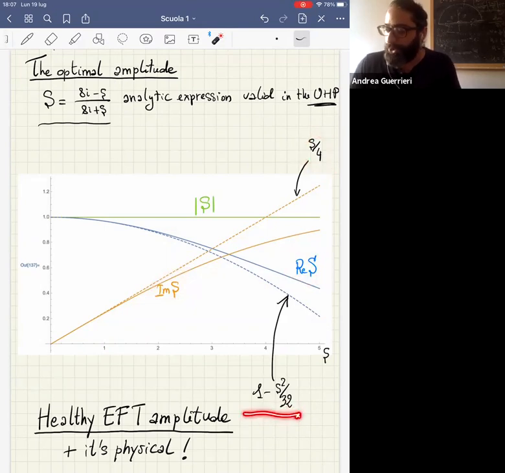The real part is in perturbation theory at one loop, and this is the imaginary part at tree level. Around this scale, the match is pretty good.